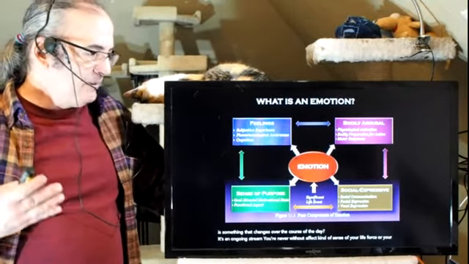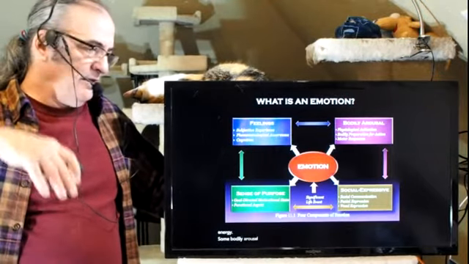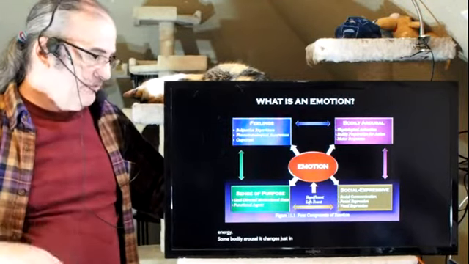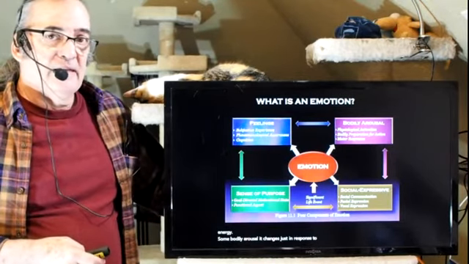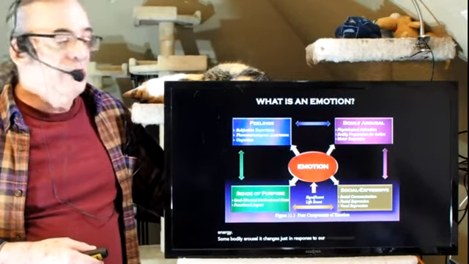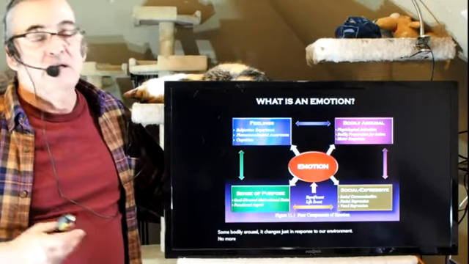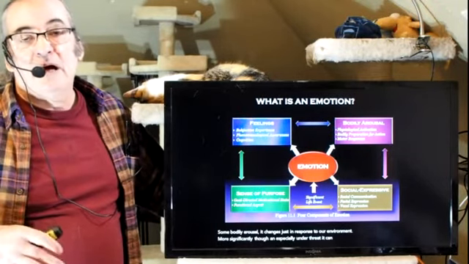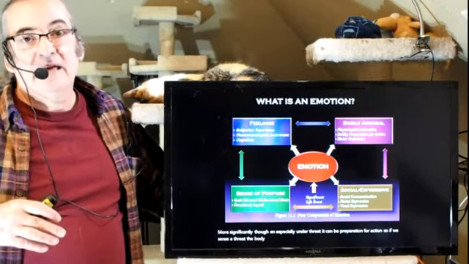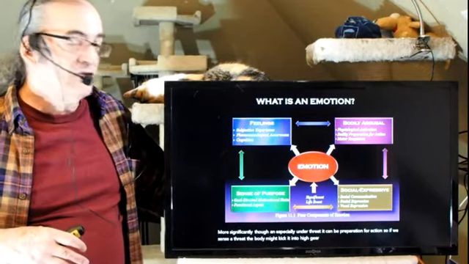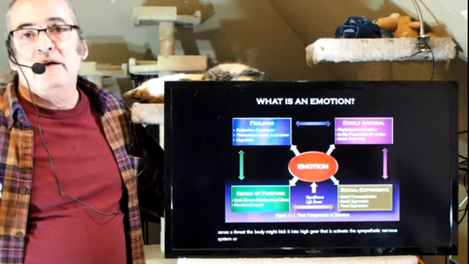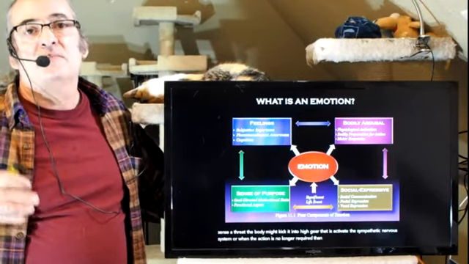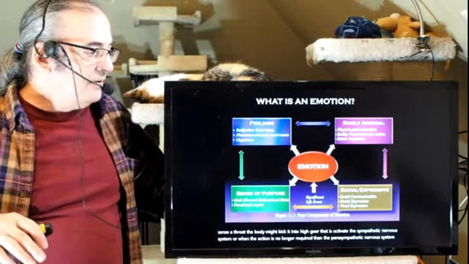But so bodily arousal, it changes just in response to our environment. Now, more significantly though, and especially under threat, it can be preparation for action. So if we sense a threat, the body might kick it into high gear, that is, activate the sympathetic nervous system, or when the action is no longer required, then the parasympathetic nervous system will slow everything down, right?